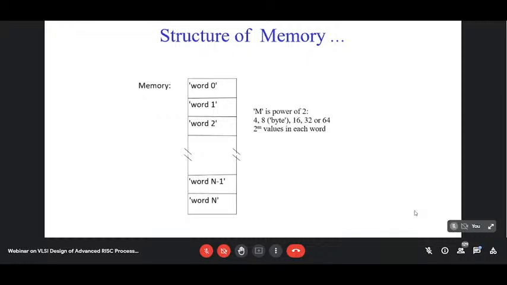And word size could be 8-bit or 16-bit or 32-bit or 64-bit. So if we say 2 to the power m into n-bit word, that means 2 to the power m locations, and each location consists of n bits.